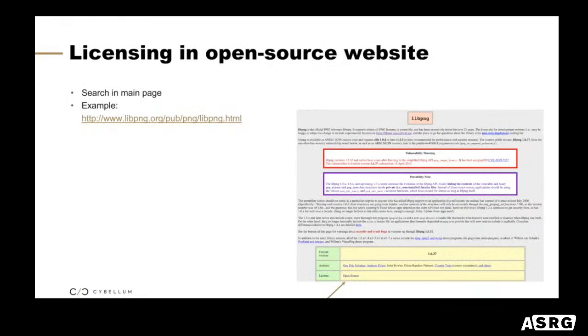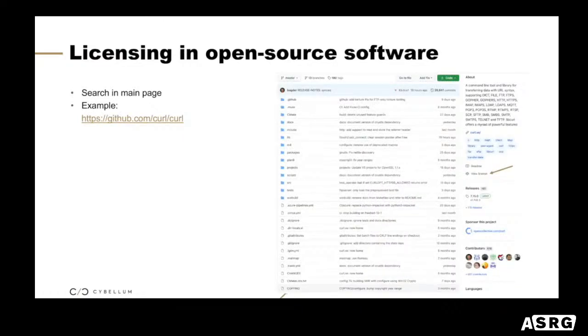So here, for example, we have libpng. I'm searching in the man page for the word license, and you can see that there is a link to the license. If I look for curl, for example, when I go to the source code repository for curl, there's a file.